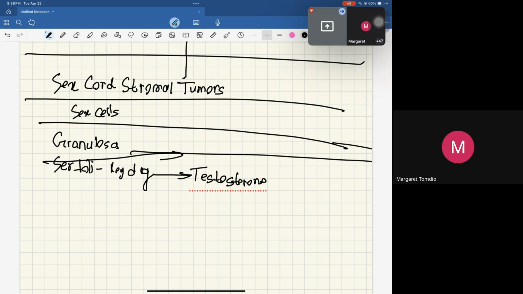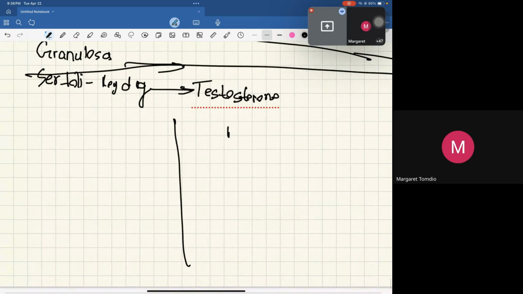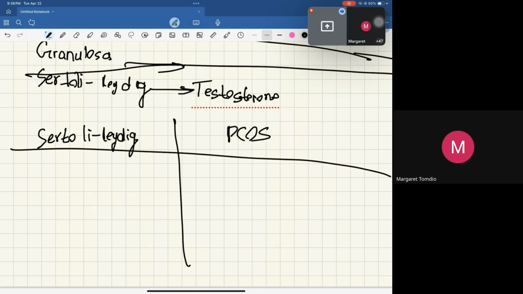Again, these kinds of things are present in PCOS as well. So a lot of students are confused: how do we differentiate between Sertoli-Leydig cell tumors and PCOS? Remember, in PCOS the clinical features will most likely be related to hirsutism.